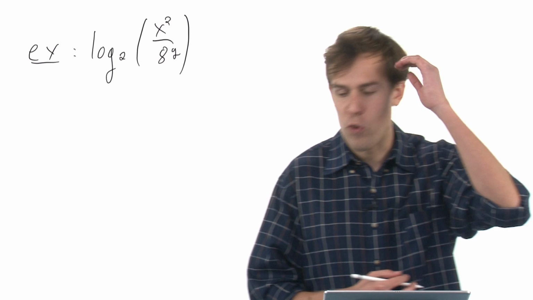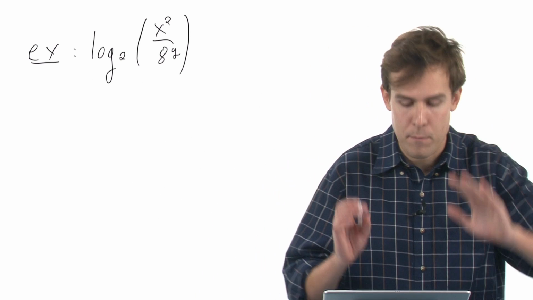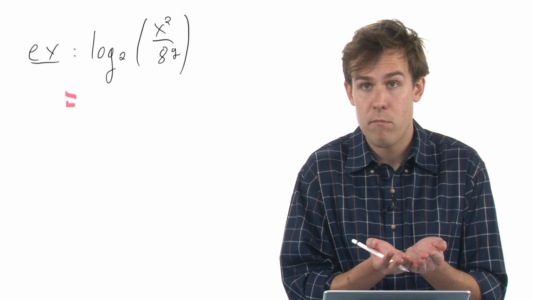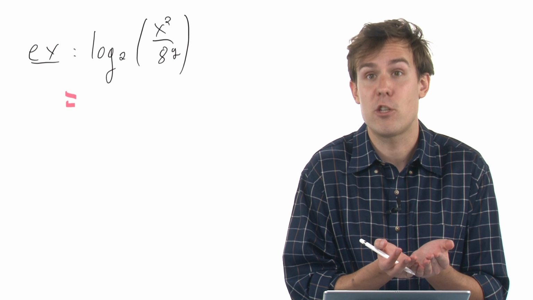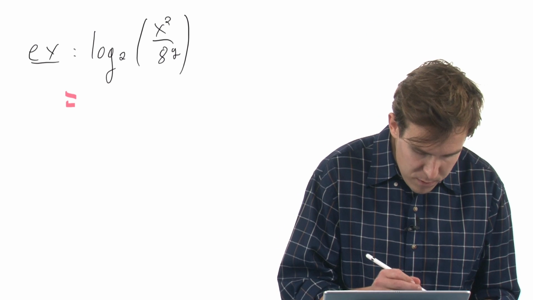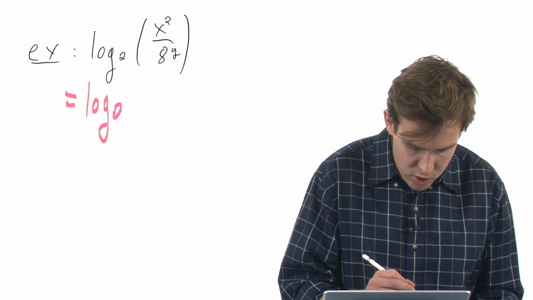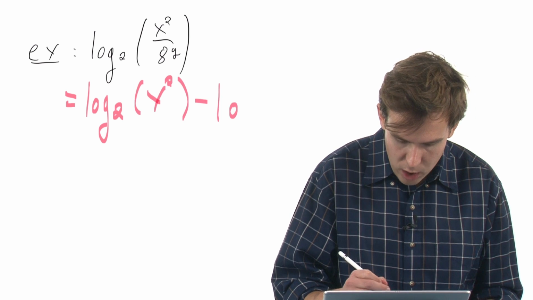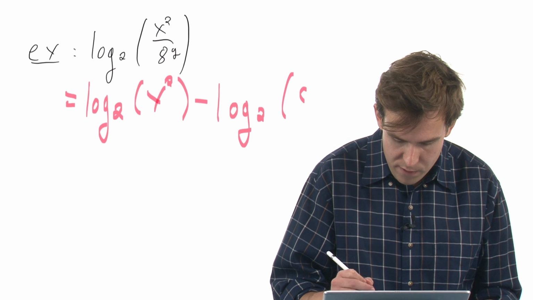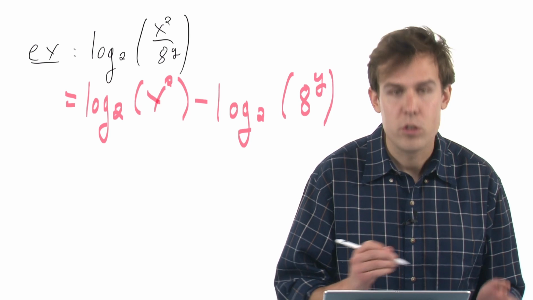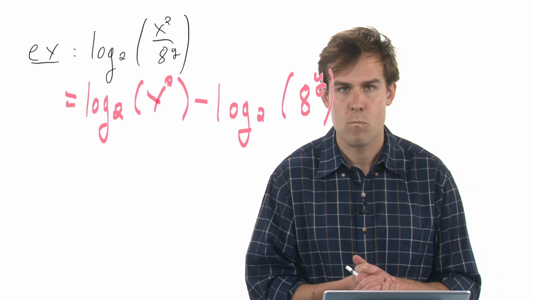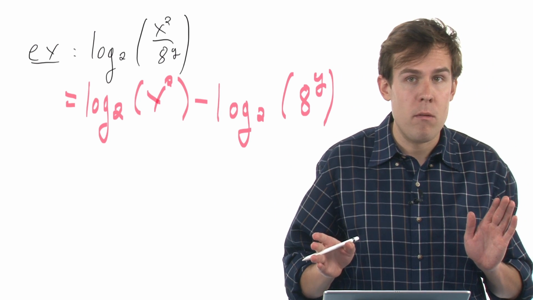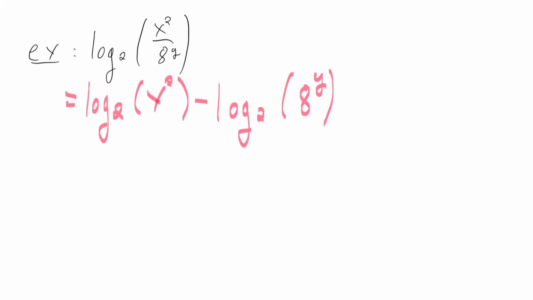So here's a slightly trickier example where I'm going to have to do a bit more computation. So I have a quotient of two things that I'm taking the logarithm of. So I split it up as subtraction outside of the logarithm. So this becomes log base 2 of x squared minus log base 2 of 8 to the y. Now, it's somewhat simpler, but I would like to do even more.